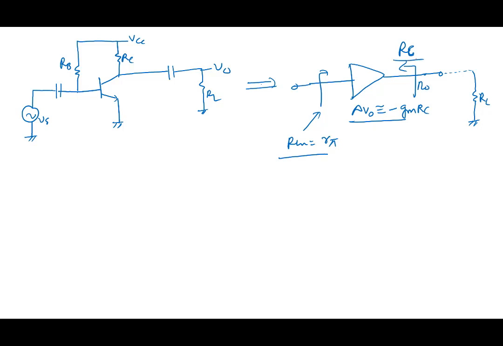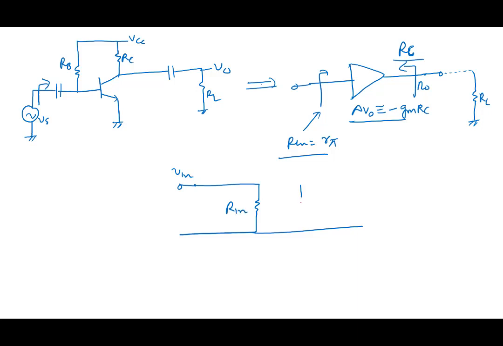Okay? So what is the meaning of Rin? Rin is the resistance looking from here, which means this whole amplifier is as if like this. When I look at it from the input side, let's call this input Vin, it is a resistance Rin.